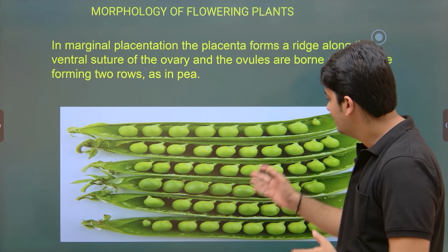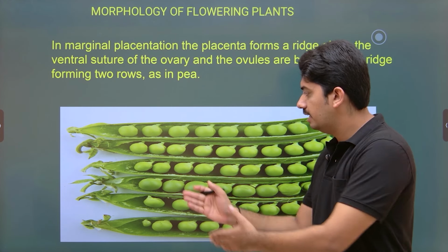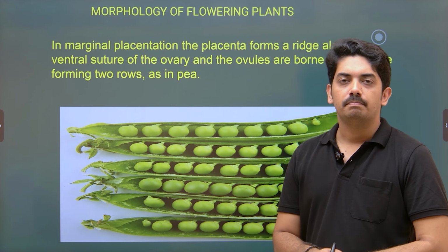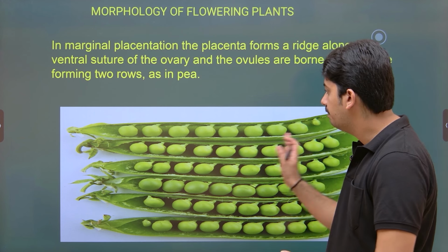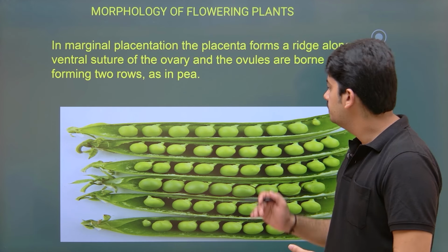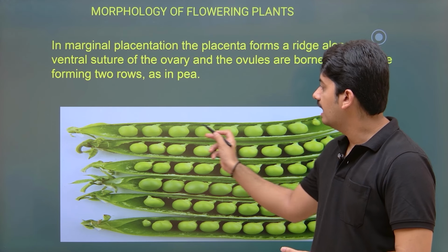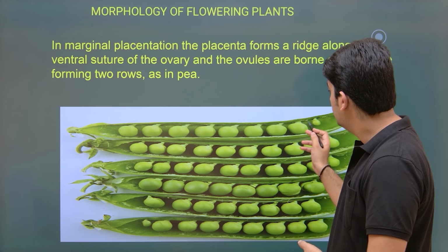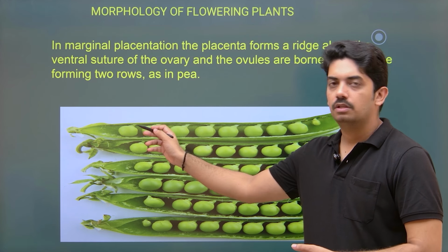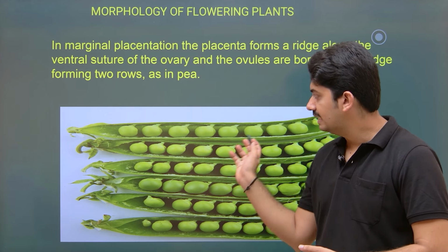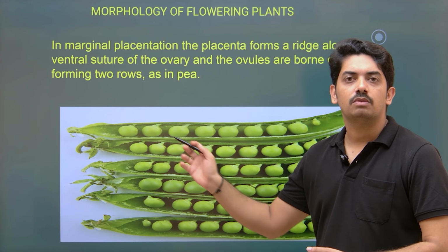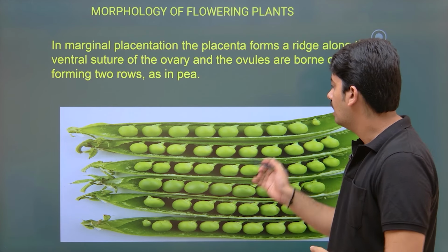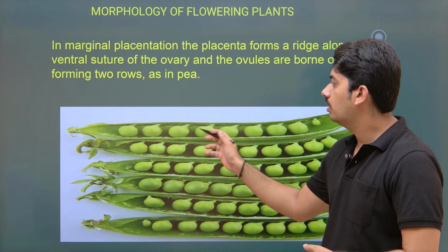See, here you can see the beautiful arrangement of peas inside the pea pod. Observe here on the one margin, in other words, we can say suture, all the seeds are attached. Seeds are nothing but what? Ovules. Now, after fertilization, these ovules develop into seeds.